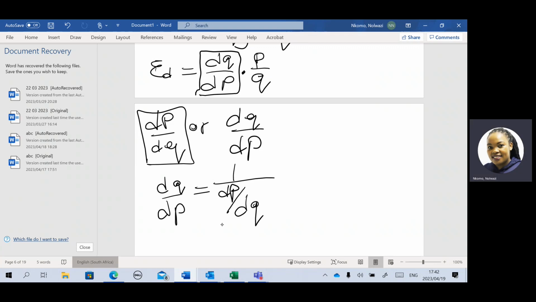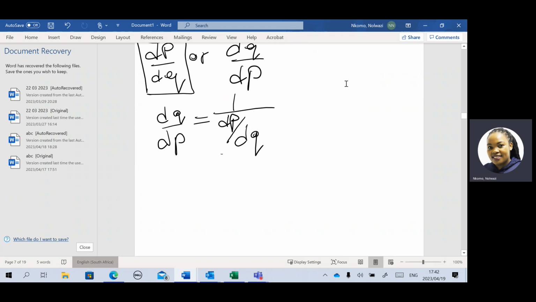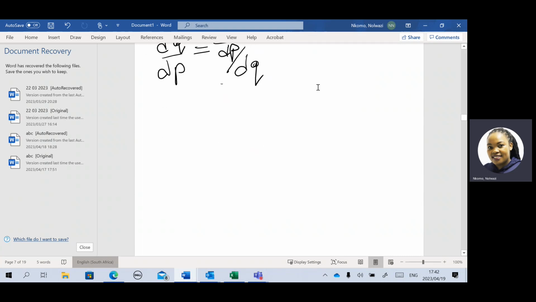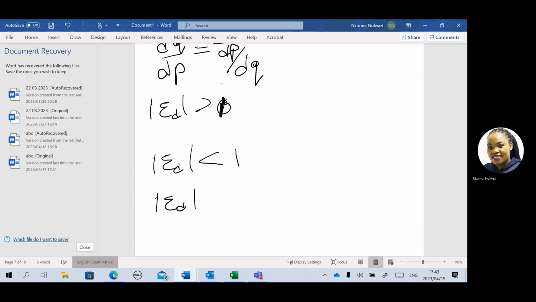Now, when you have determined the elasticity of demand, the next step is to determine whether the demand is elastic or inelastic. Okay, we have 3 cases to determine the elasticity. Okay, we have the case whereby the absolute value of the elasticity is greater than 1, when it is less than 1, and when it is equal to 1.